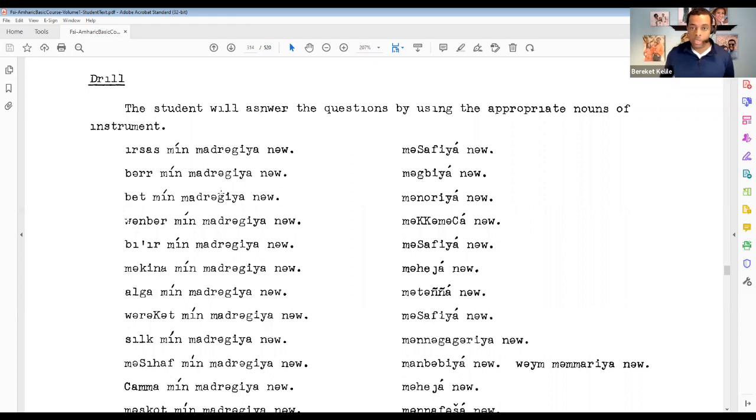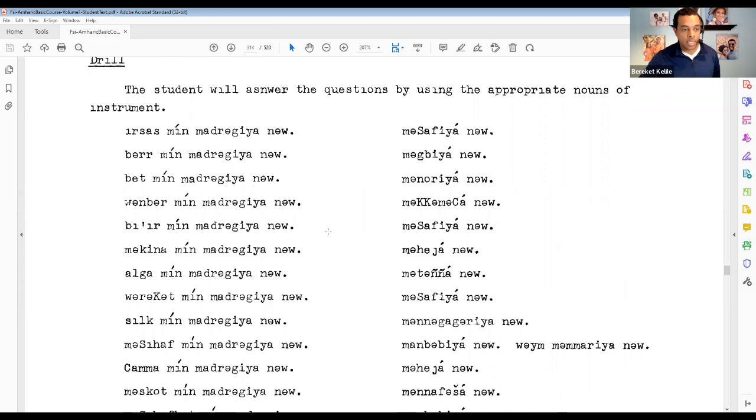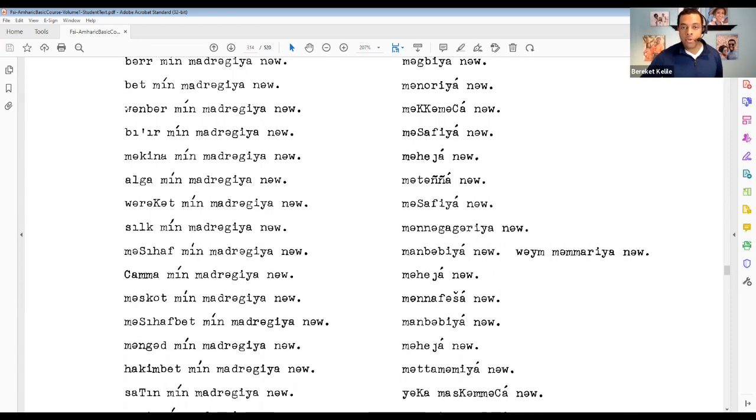So what is a door used for? To open or to enter. Beit min madrigano, menoriano. What is a house used for? It's for living. Wunber min madrigano, makamachano. To sit. What is a chair used for? Be'er min madrigano. A pen, I believe, if I remember right, Masafiano, to write.